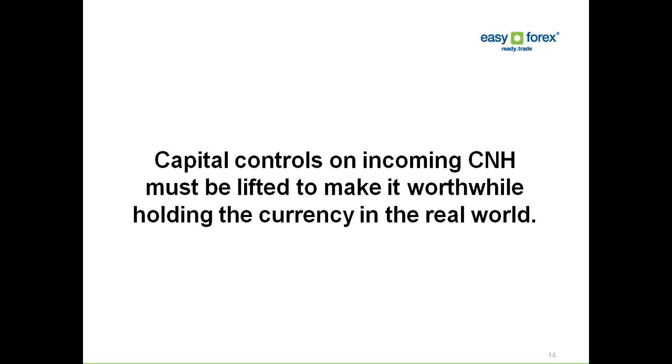If you've got CNH, you can't actually use it to buy anything other than other currency. So what we really need China to do, which is what they're doing at the moment, is to lift capital controls on incoming CNH so that it can actually be spent within the country. And as that happens, the liquidity of the market will increase even further.